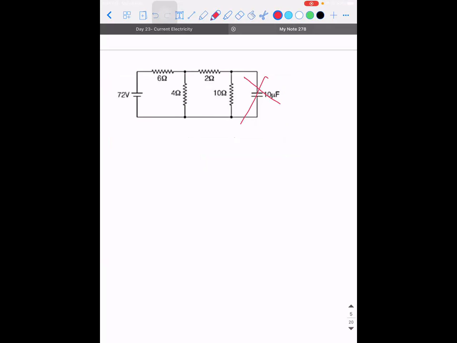This will not function at all. Then you can ask me, how are you going to calculate the charge on this? Can you directly say the answer is 0? Guys, did you understand what I'm trying to say?